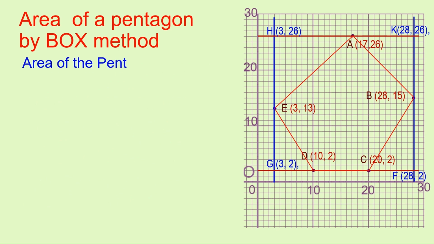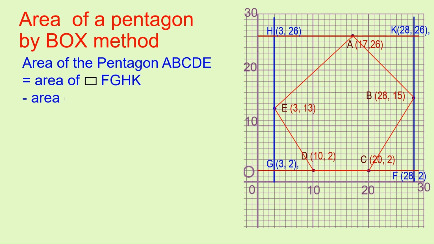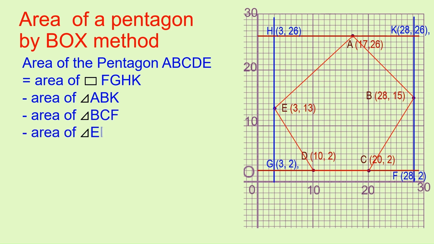Area of the pentagon ABCDE equals area of rectangle FGHK minus area of right-angled triangle ABK minus area of triangle BCF minus area of triangle EDG minus area of triangle AEH.